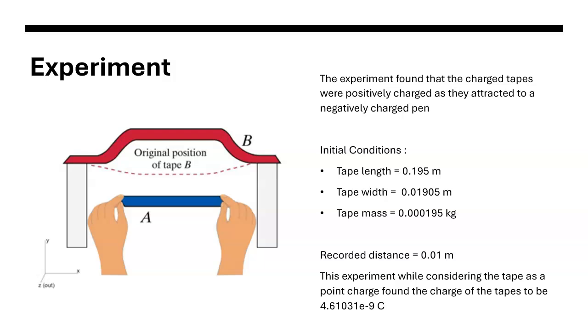And the distance we recorded was 0.01 meters from when the top tape began to levitate. And this original experiment found that the charge on the tapes was 4.61 times 10 to the negative 9th coulombs.